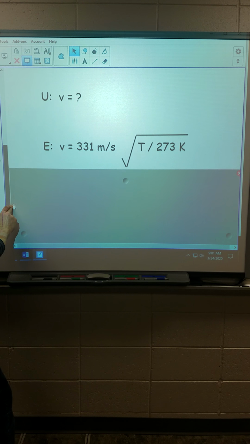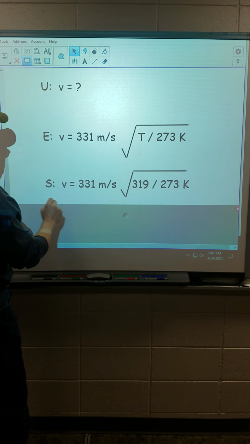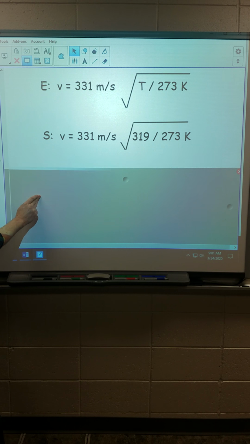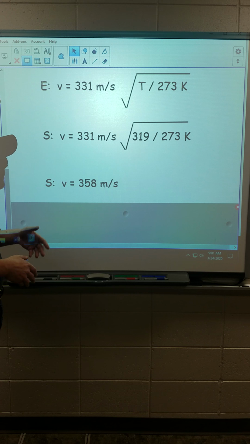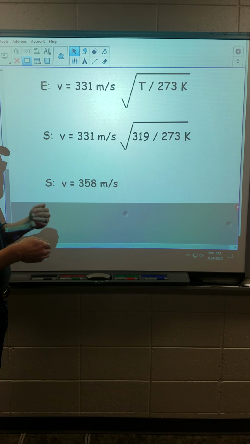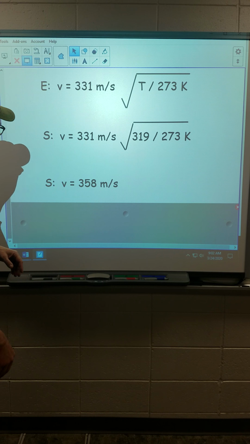All we're going to do is plug in the 319 Kelvin for that temperature, crunch the numbers. We're going to find out that the speed of sound of air on this day is 358 meters per second. Now, that might not mean that much. Maybe if you are trying to create an echo, it's going to get back to you faster, but it will affect the speed of sound in air in musical instruments. So we're going to get to that in about a week or so.